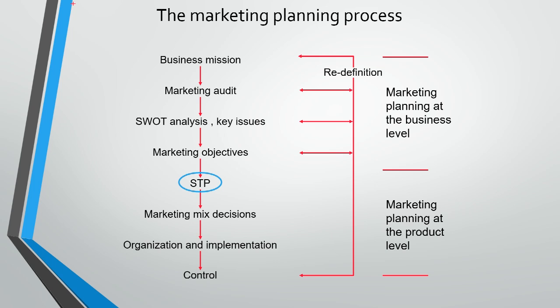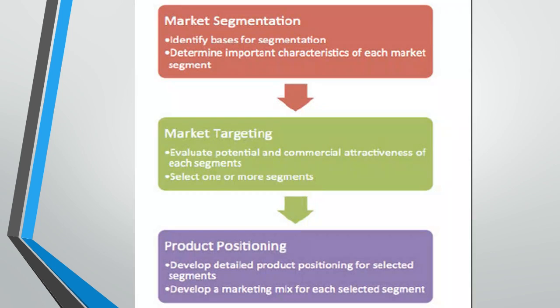So it means that when you are ready to transform your marketing objectives into real products, then the first step you should take is an STP strategy. And here, this flowchart shows us the 3 steps of an STP strategy.